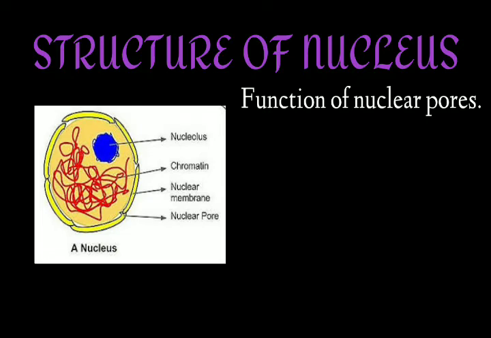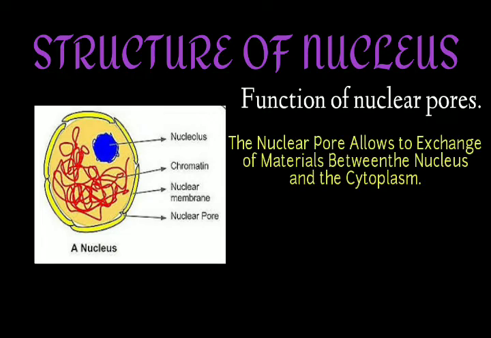What is the function of nuclear pore? These nuclear pores allow exchange of materials between the nucleus and cytoplasm, right? Because the nucleus is present inside the cytoplasm in a spherical form, there should be exchange between nucleus and the cytoplasm, which occurs with the help of pores, that is called nuclear pore, right?